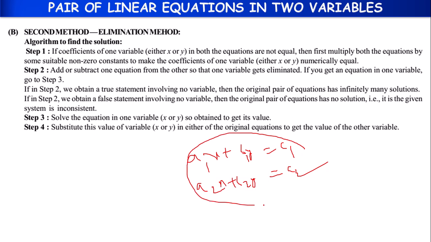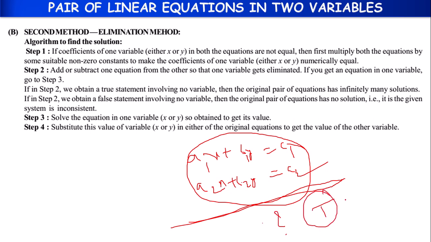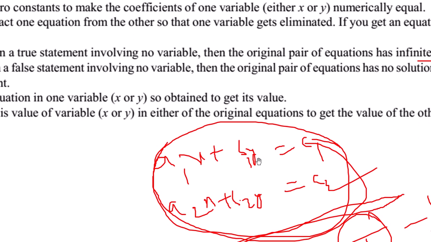If we have two equations like that, after multiplying with some number, if you add them or subtract them, suppose you get a statement which is true, but no variable is present in that, but it is true, then these two equations can have infinitely many solutions.